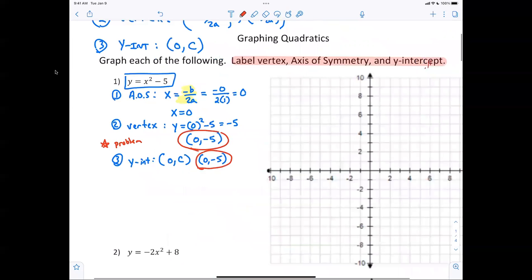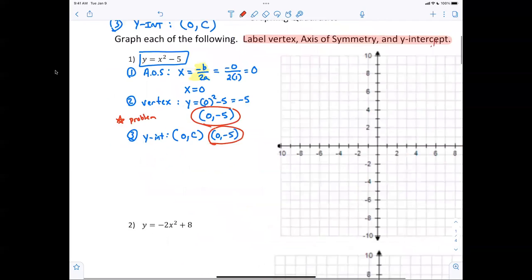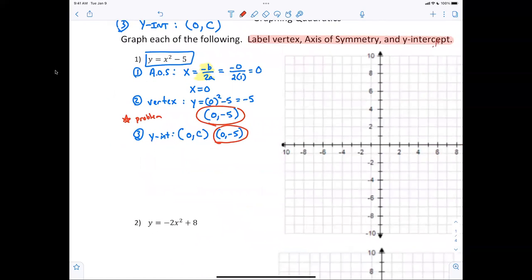Now that we did that, the reason I'm saying we have a problem is because I don't have 3 points. I only have 1 point, because 0, -5 is the same thing. So the first thing I want you to do is everybody graph 0, -5. Normally it's not the same thing, but in this case, it is.